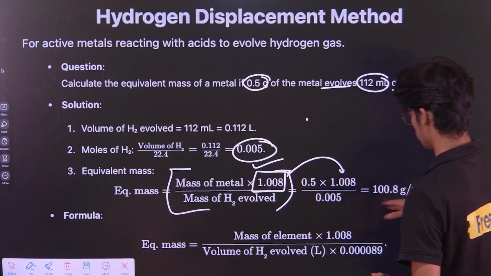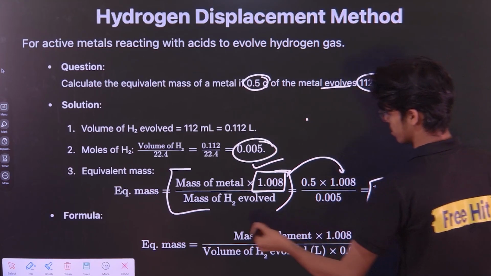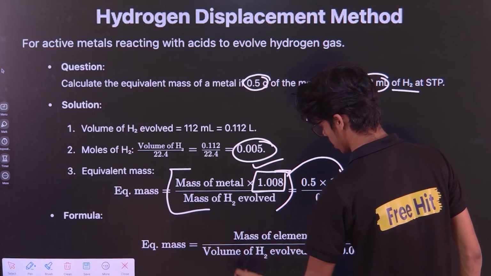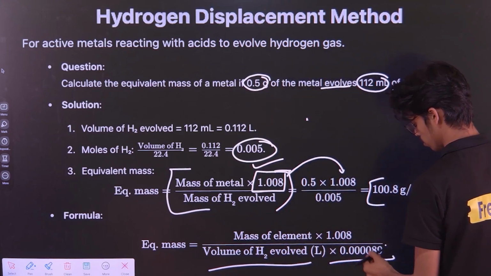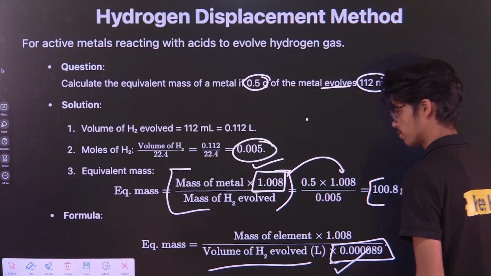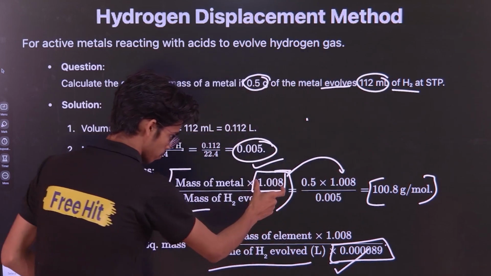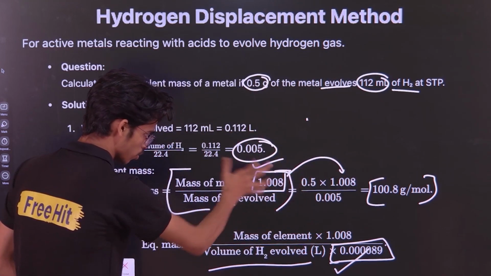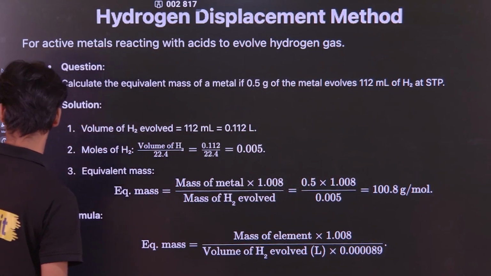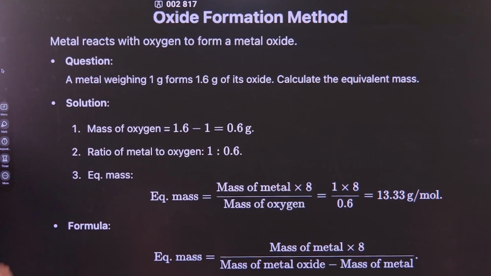So this is our answer. Instead of mass of hydrogen you can write volume of hydrogen into the density of hydrogen. Now focus on this number: everything else is going to change and this number is going to be fixed.